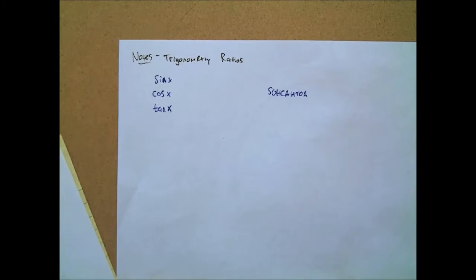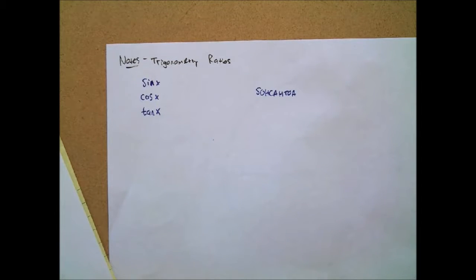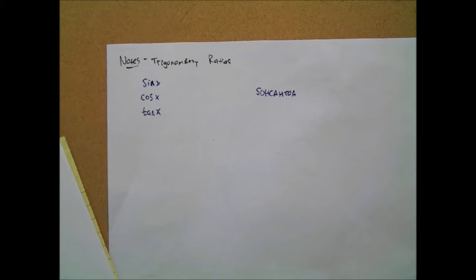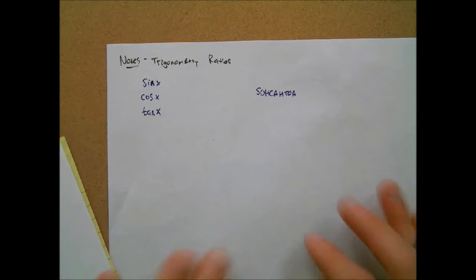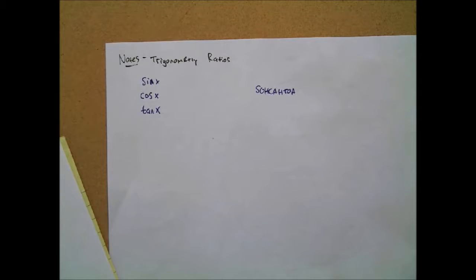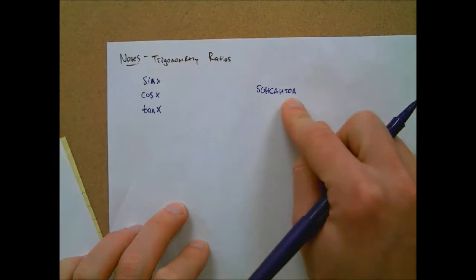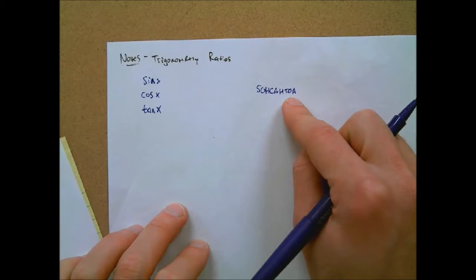Okay, so what are trig ratios, right? These are functions that relate angles in a right triangle with a ratio of two sides of that same right triangle, okay? And SOHCAHTOA helps us remember which sides relate with which trig ratio.